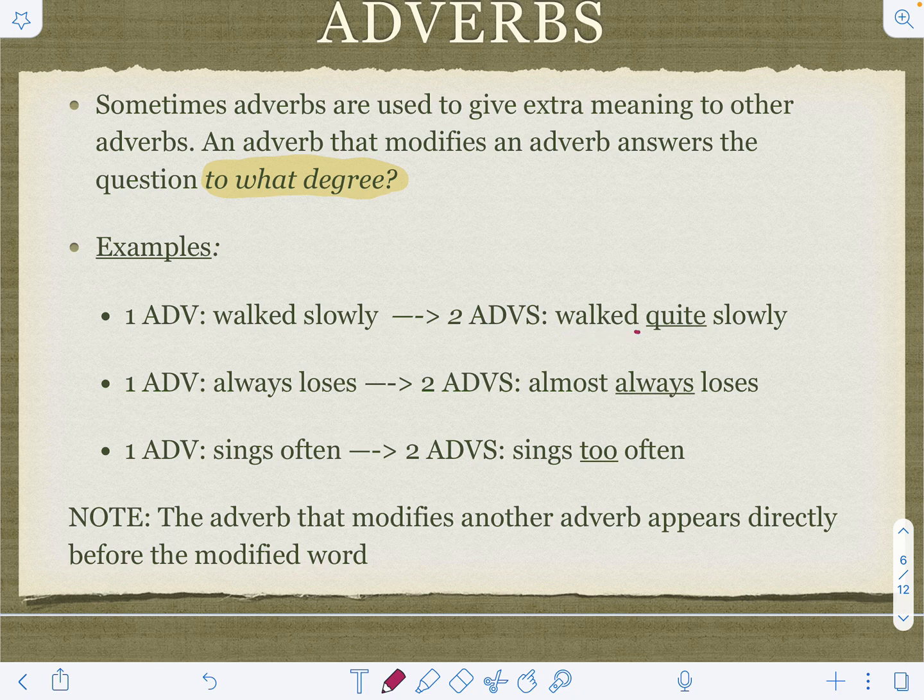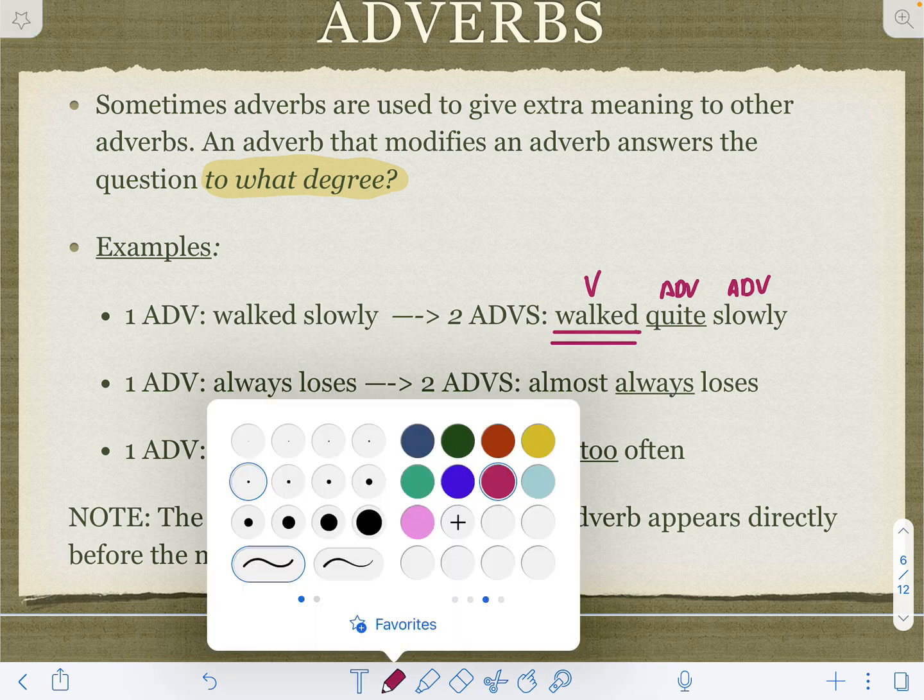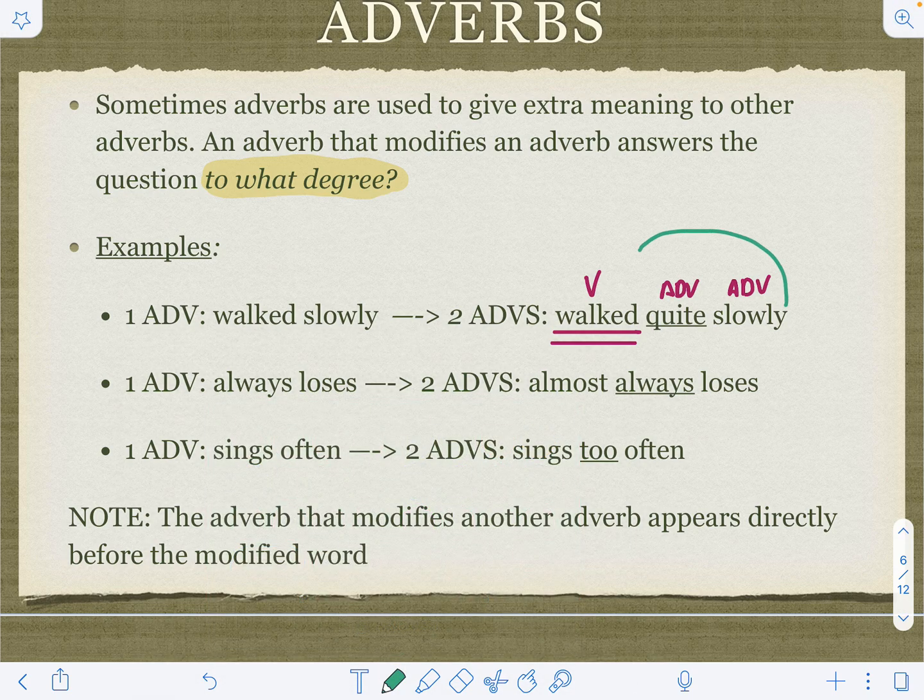So, walk is our verb. To what degree did they walk? Slowly. To what degree of slowness? Quite slowly. So if you were drawing arrows, I'll do it in a different color. Slowly is modifying walked, and quite is modifying slowly.